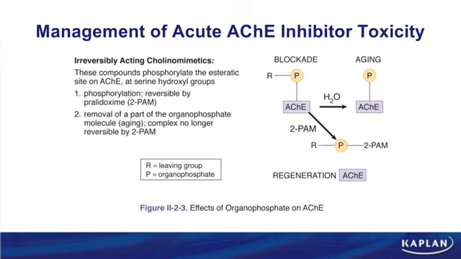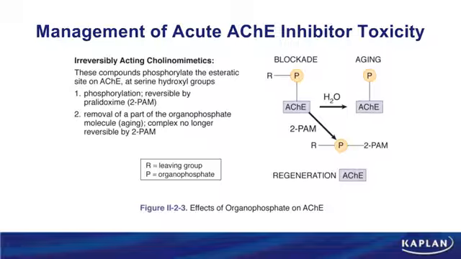Here's our figure that looks at the effects of acetylcholinesterase inhibitors and how we can use pralidoxime as an effective antidote. On the left, you see the drug indicated as P, that's your organophosphate. Notice that the R sticking off of that is your leaving group. That is your functional group that is going to be removed in a process that we call aging.